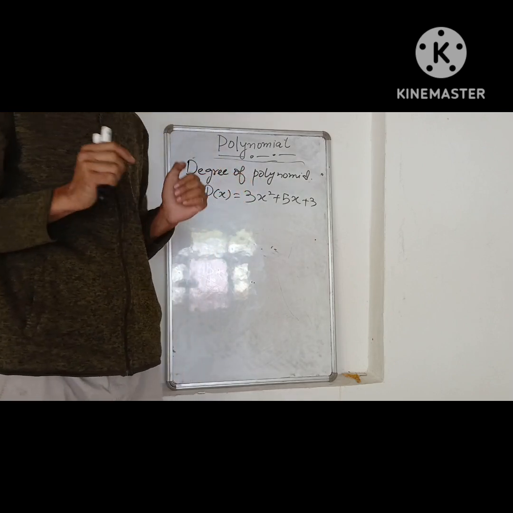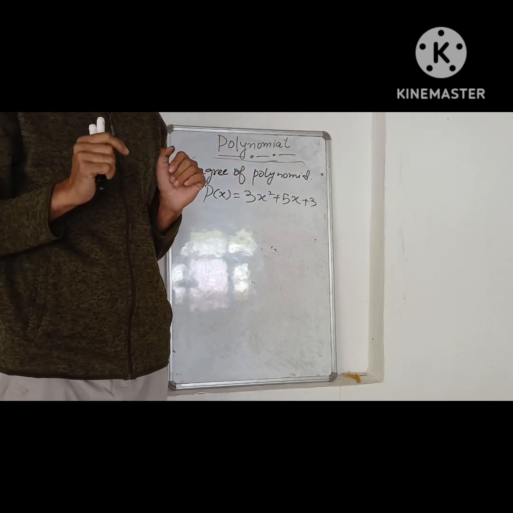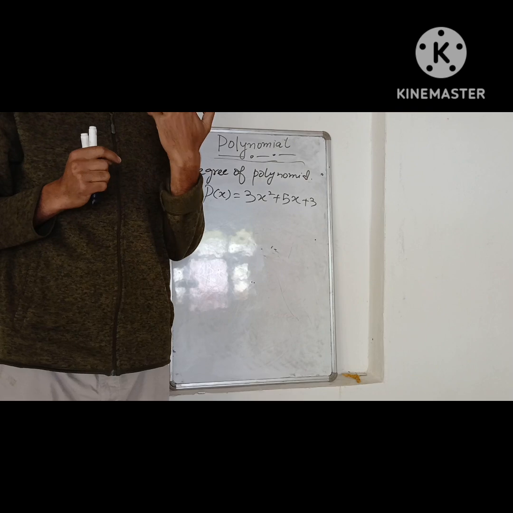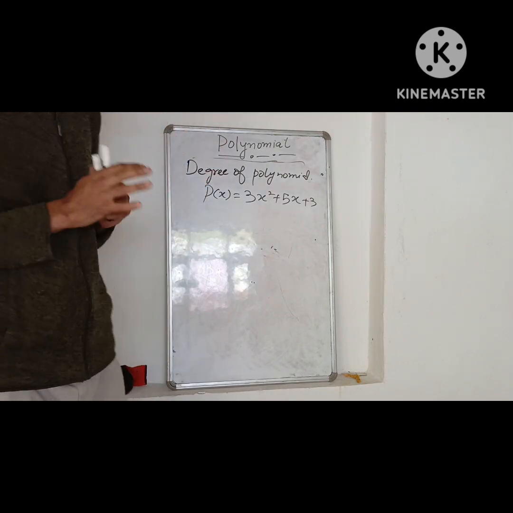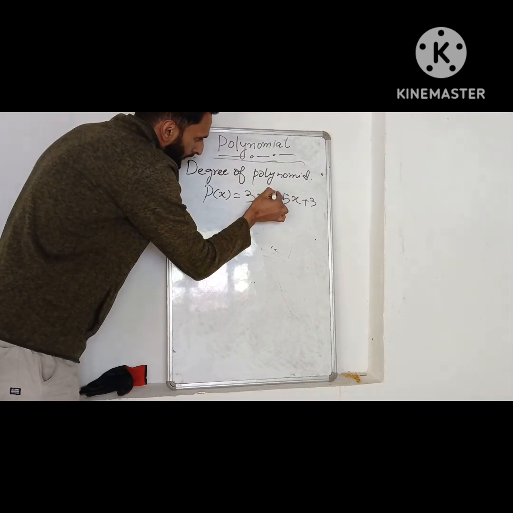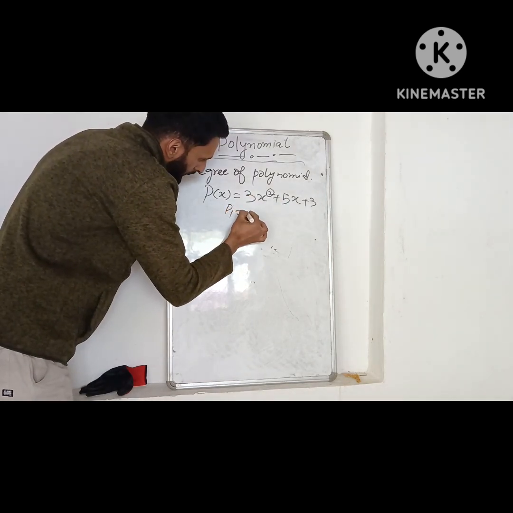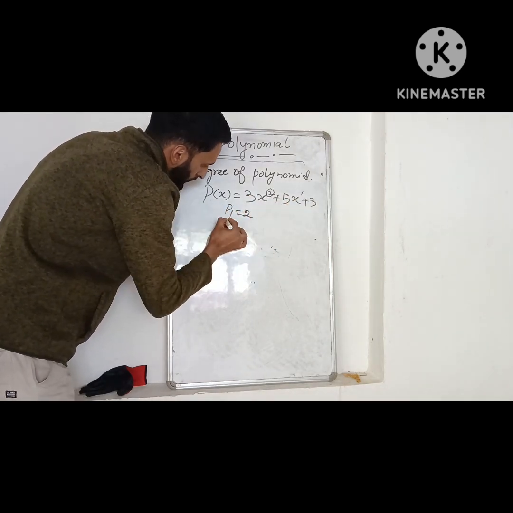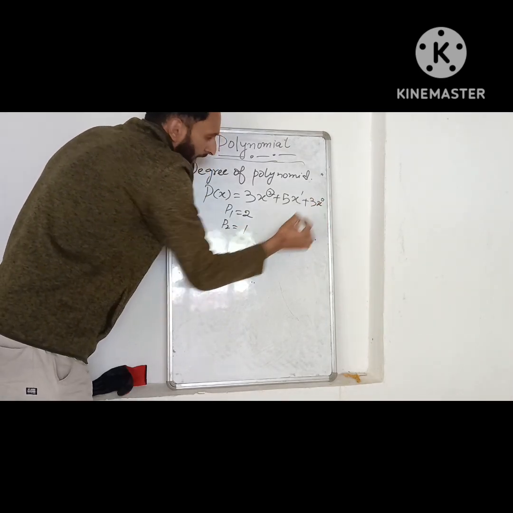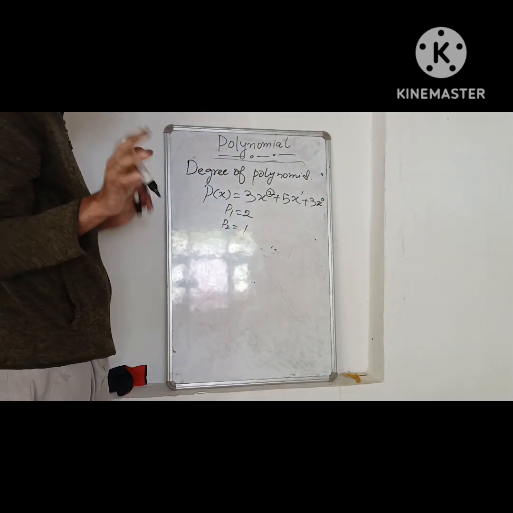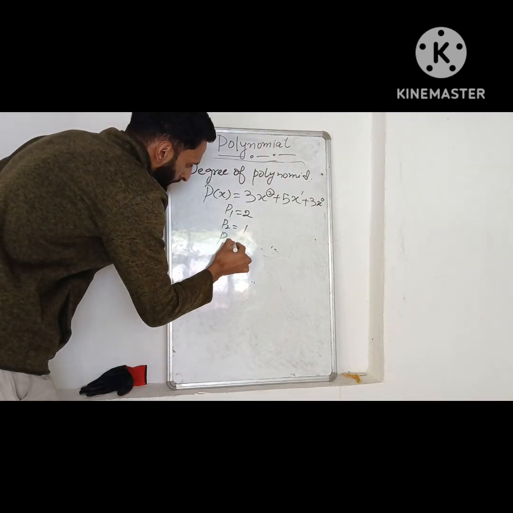You have to visualize all the powers, and after that you have to come out with the maximum power. Here power 1 is 2, power 2 is 1, and here I can take x power 0. That means x power 0 is equal to 1. Here power 3 is equal to 0.